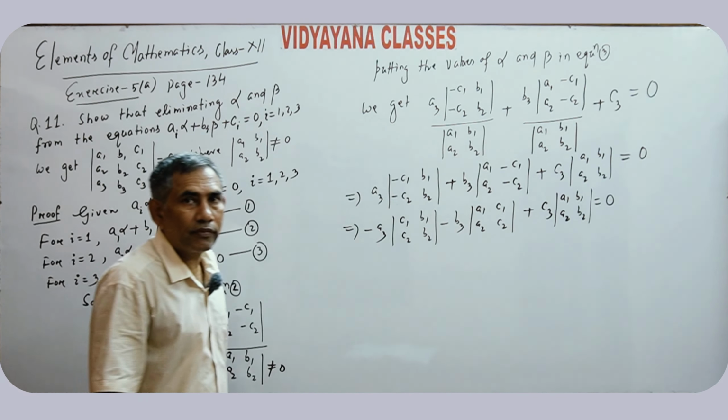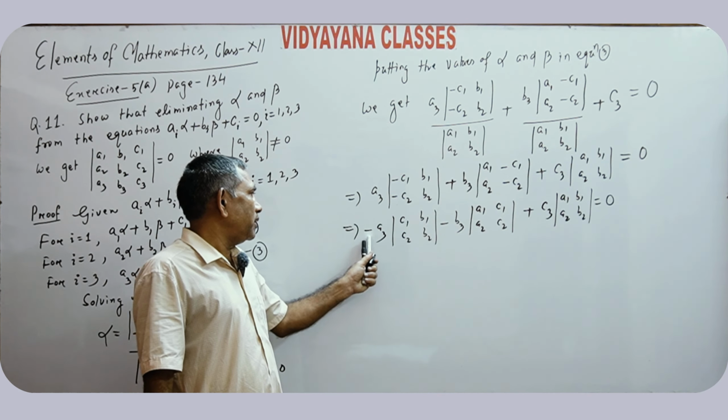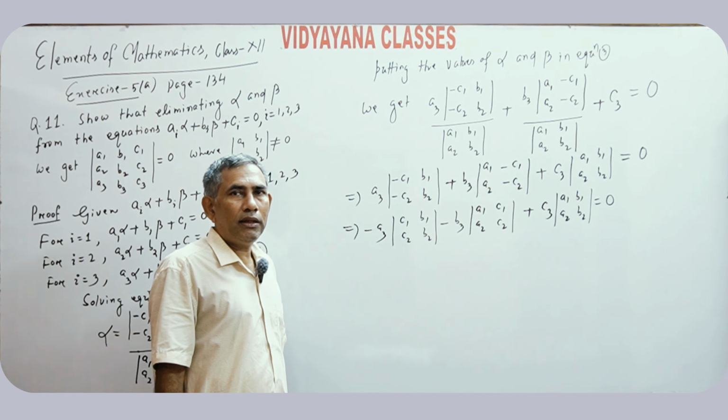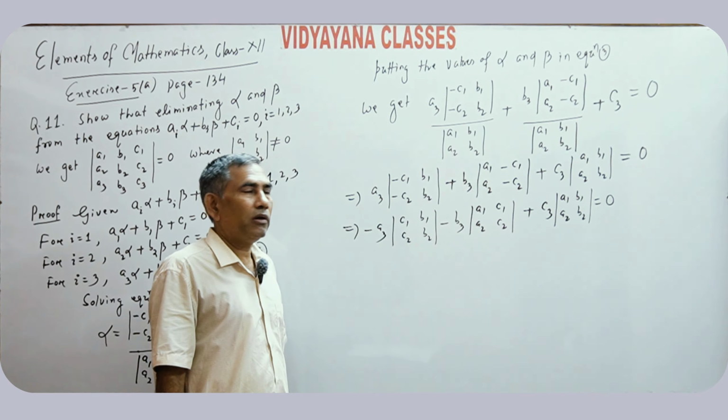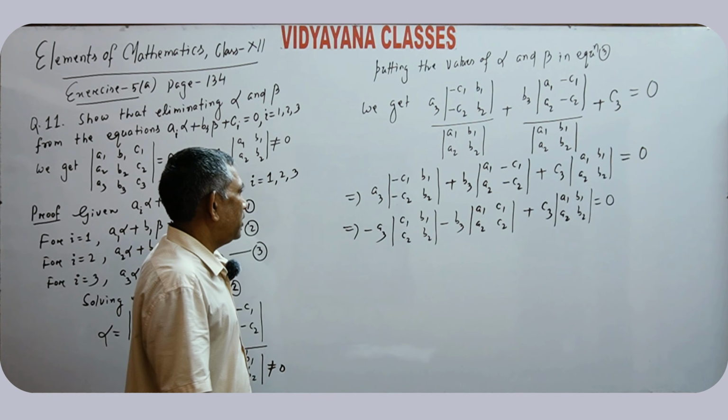Clear? Minus 1 is the scalar. Whenever a scalar is multiplied with a determinant, it will be multiplied in any one of the rows or columns. Minus 1 is multiplied in column 1.